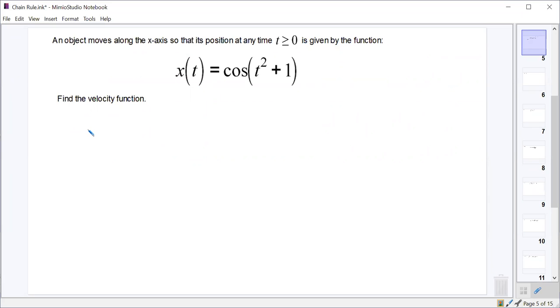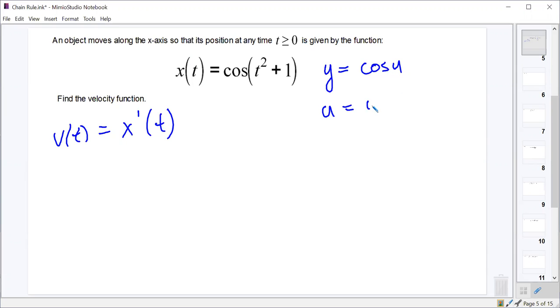Taking the derivative. Right, the velocity function should be the derivative of our position function. So we'll take the derivative of this, we'll rewrite it as y equals what, with u equal to what? Y equals cosine u, and u equals t squared plus 1.